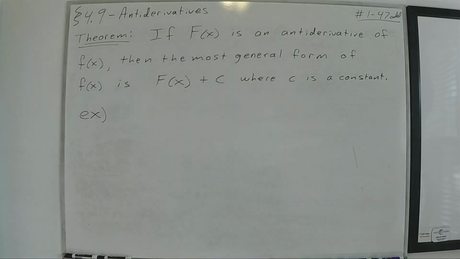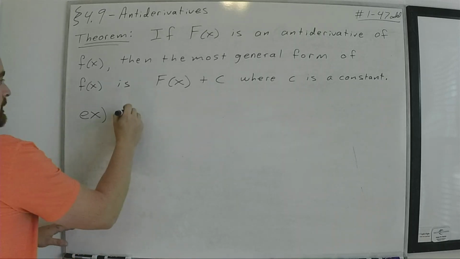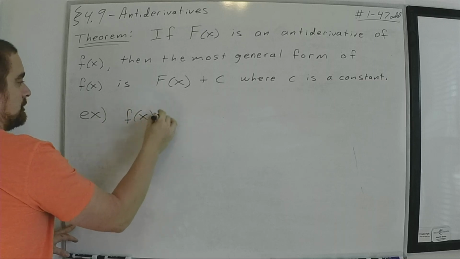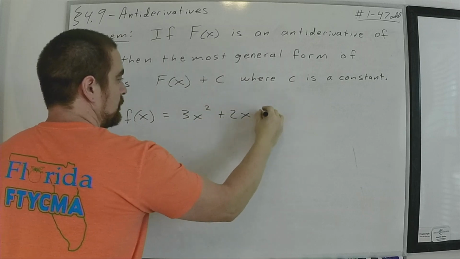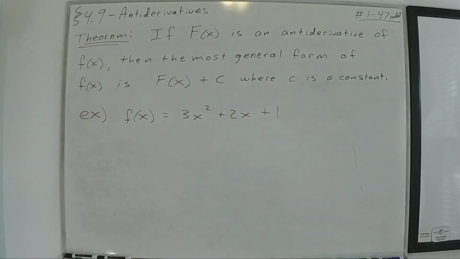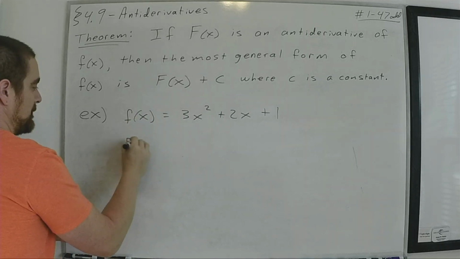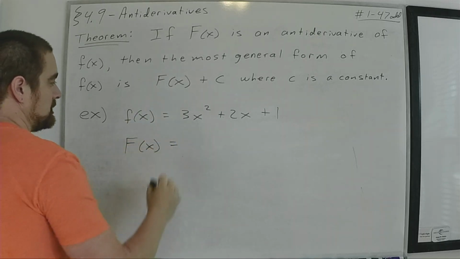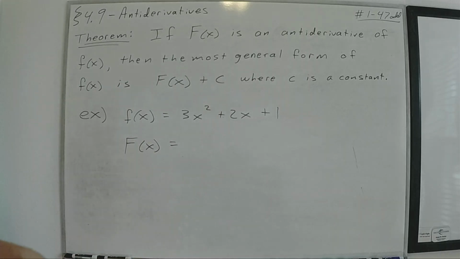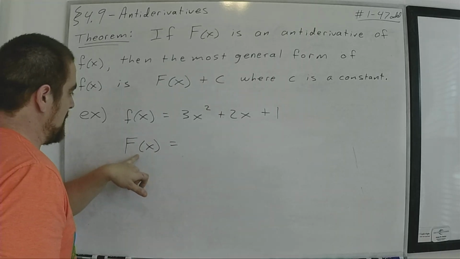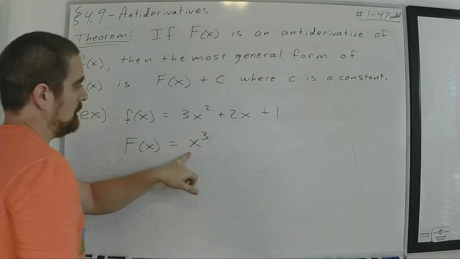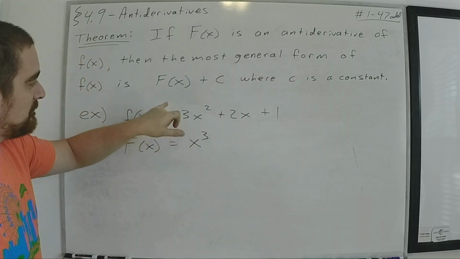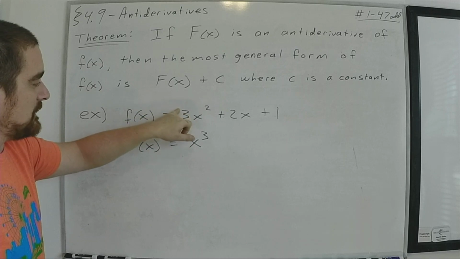So again, say we have some function, f of x is 3x squared plus 2x plus 1. Can I find that antiderivative capital F of x? So if I want to find the antiderivative, I would have to figure out what function would give me 3x squared when I differentiate it.